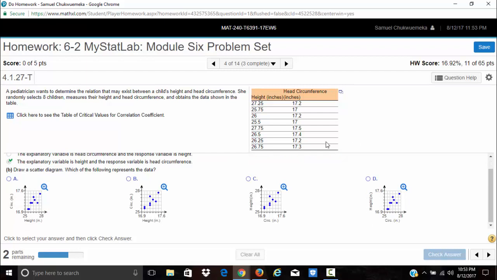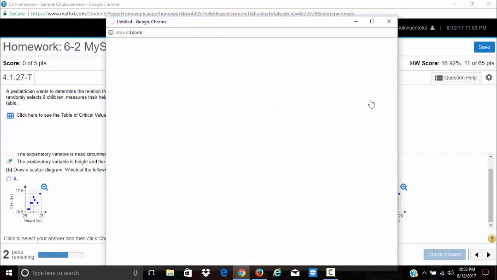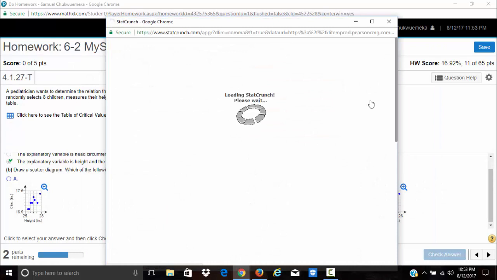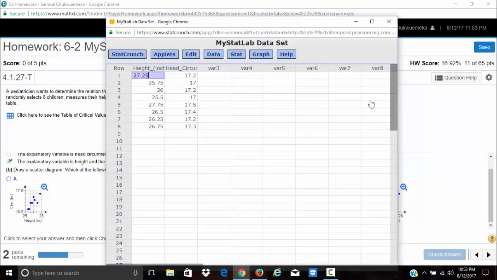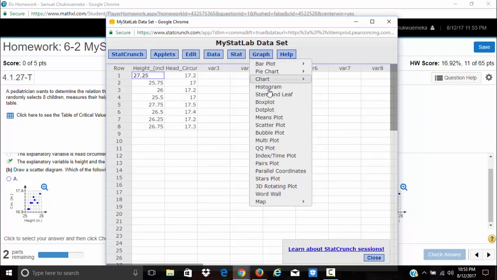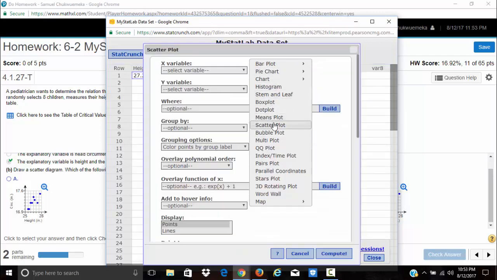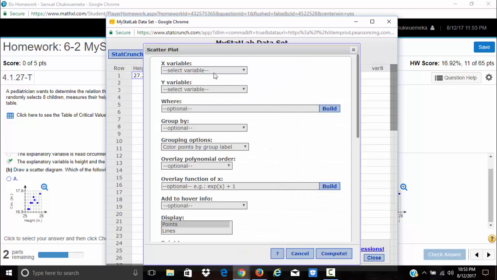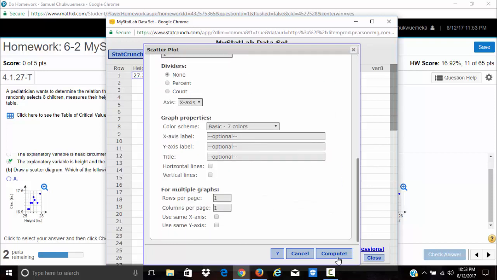Draw a scatter diagram. So let's click right here, open StatCrunch, and we go to Graph, Scatterplot. We get the x as the height and y as the head circumference, and click Compute.